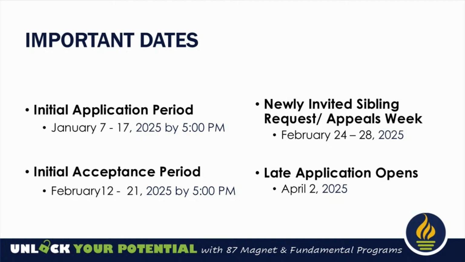During that week, beginning February 21st, you would reach out to the coordinator listed with that contact information on your confirmation screen, and you would say, I have accepted an offer for my kindergarten student, and I would like to claim newly invited sibling priority for my second grader. Now, that doesn't guarantee your second grader's seat, but it will move them up in position on the wait list. So if seats were to become available, you would be more likely to receive an offer.